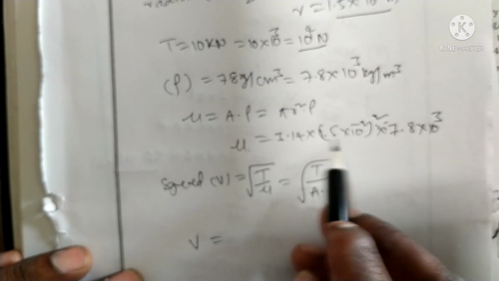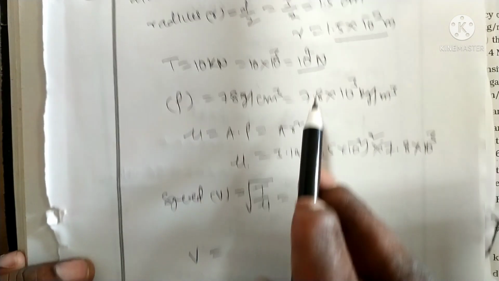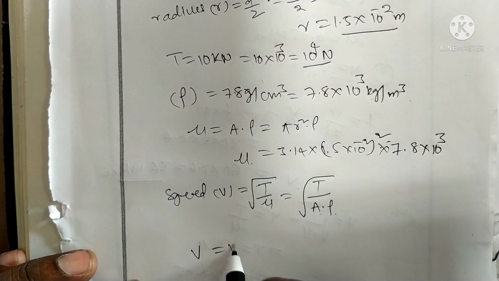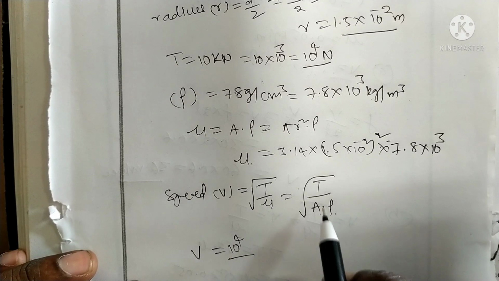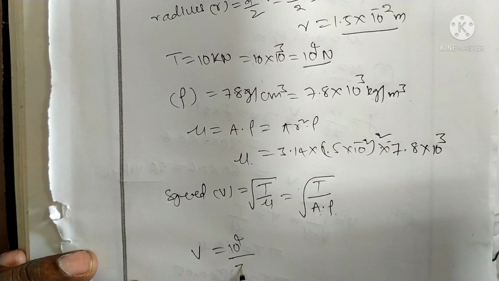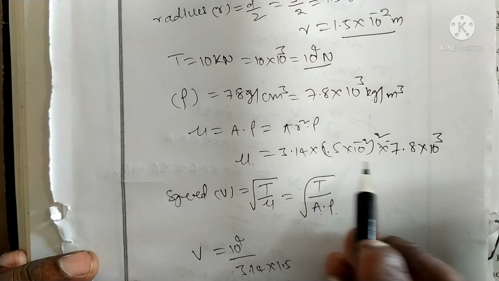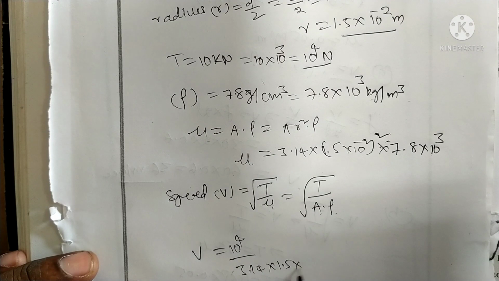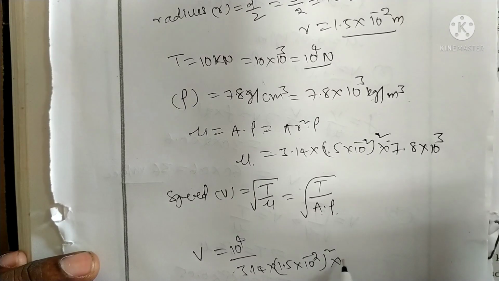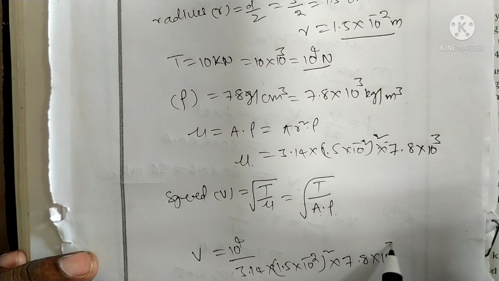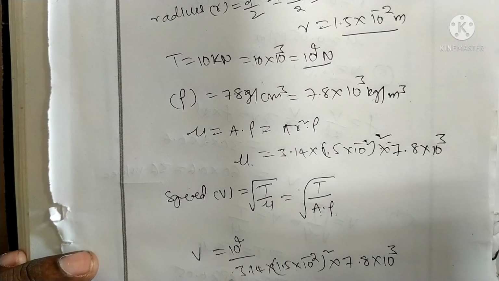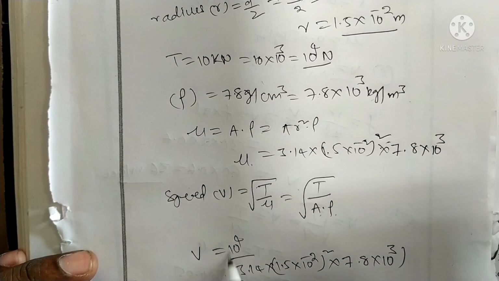T is equal to 10 to the power of 4, divided by 3.14 into mu value, 1.5 into 10 to the power of minus 2, whole square, into 7.8 into 10 to the power of 3. This is under the bracket, and this is under root.